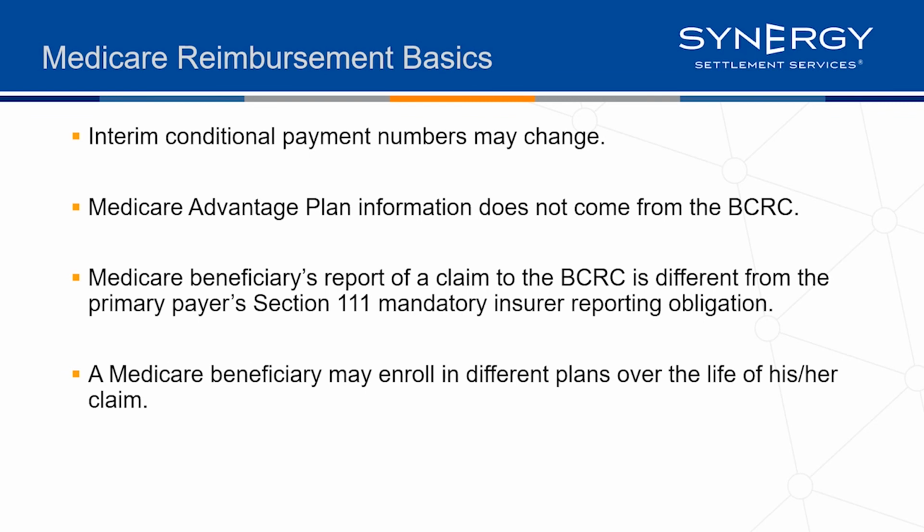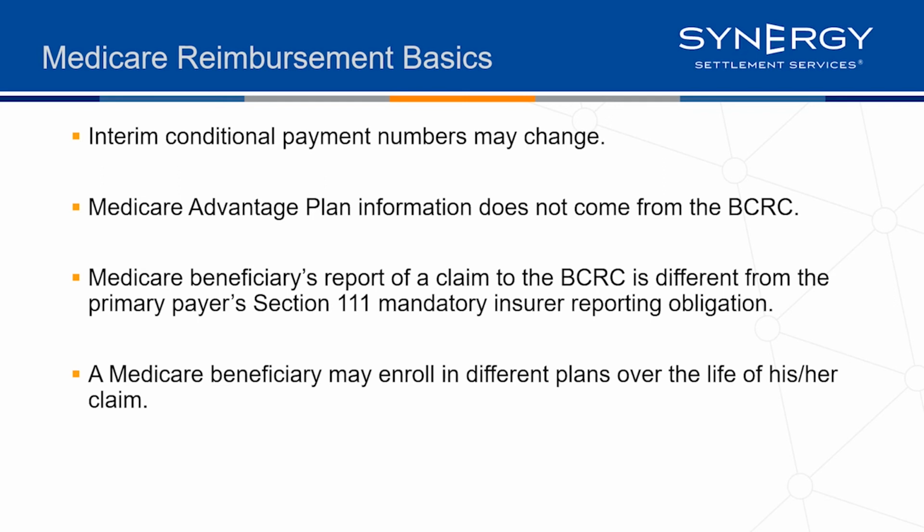So as a practitioner, it's important to understand the difference between a final conditional payment demand, which is a fixed amount, as opposed to an interim conditional payment number, which may change. It's also important that you realize that you cannot get information on Medicare Advantage plan payments in the same way as you can secure traditional Medicare Part A and Part B payments from the Benefits Coordination and Recovery Center.